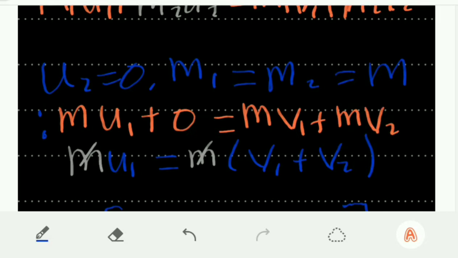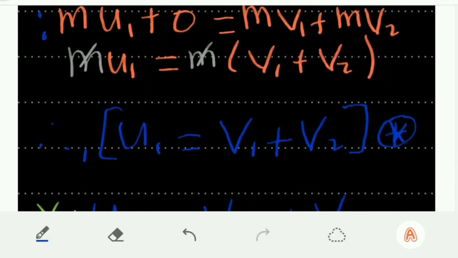Notice that we're using m here because we're saying that m1 is equal to m2, which is simply m. We are going to factor out the mass on the right hand side, and then it can simply cancel out. We're going to remain with u1 equals v1 plus v2. Therefore we can call this our equation star.